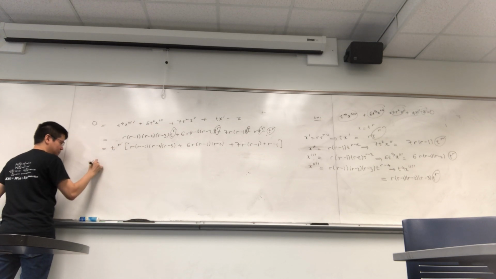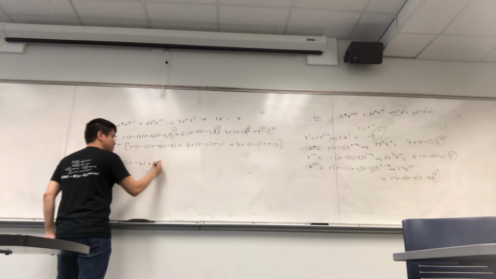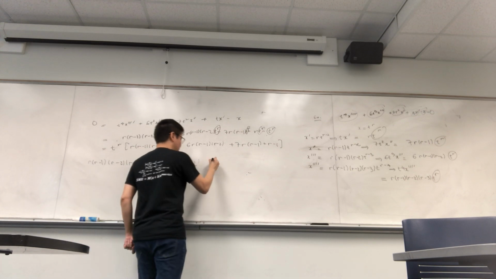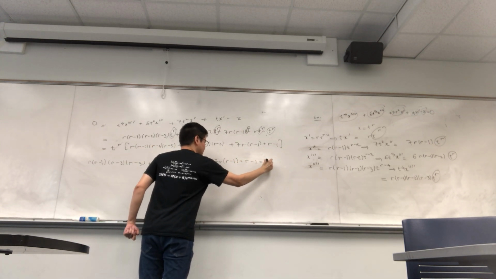So I have r(r minus 1)(r minus 2)(r minus 3) plus 6r(r minus 1)(r minus 2) plus 7r(r minus 1) plus r minus 1, and this is 0.